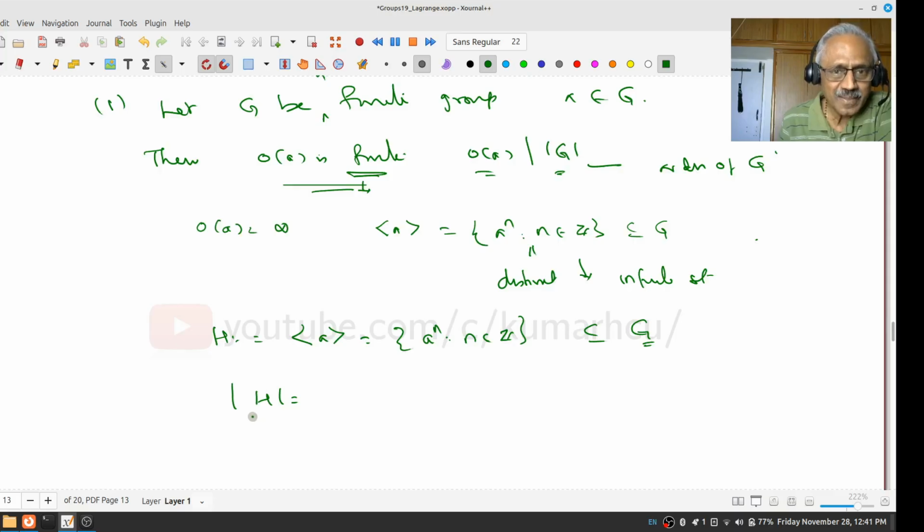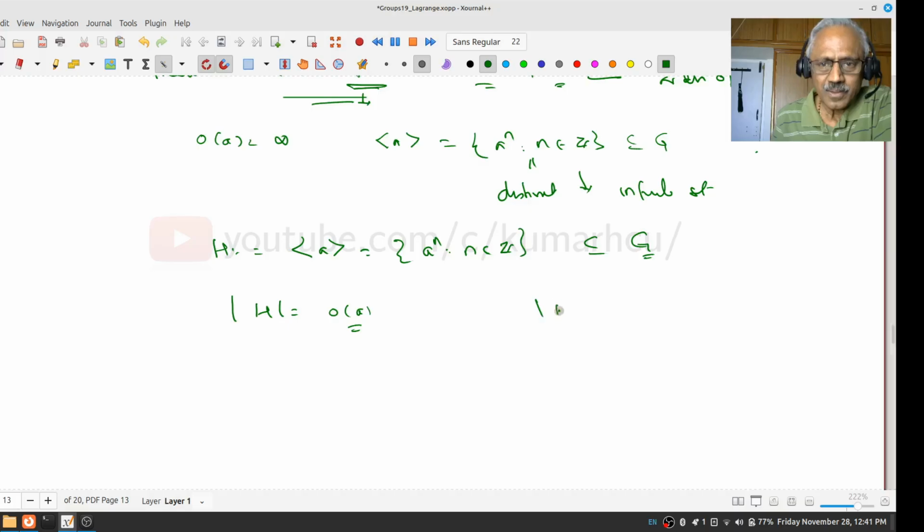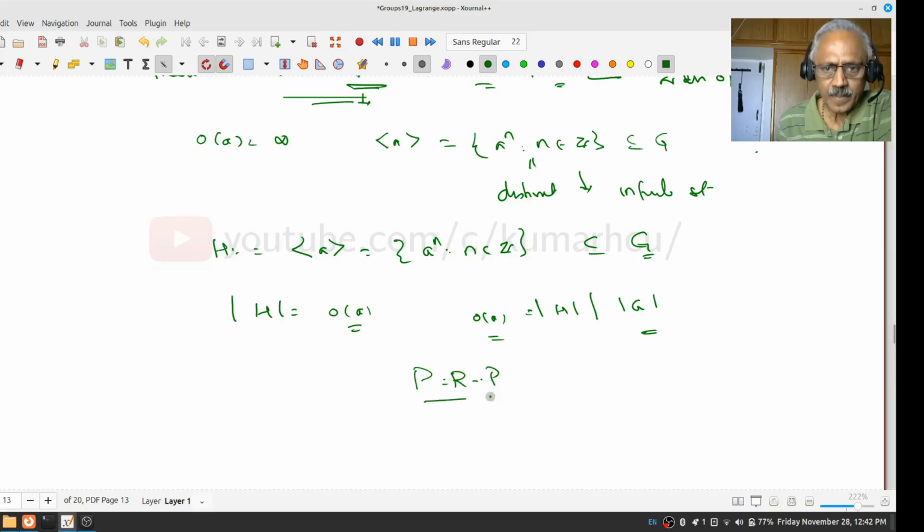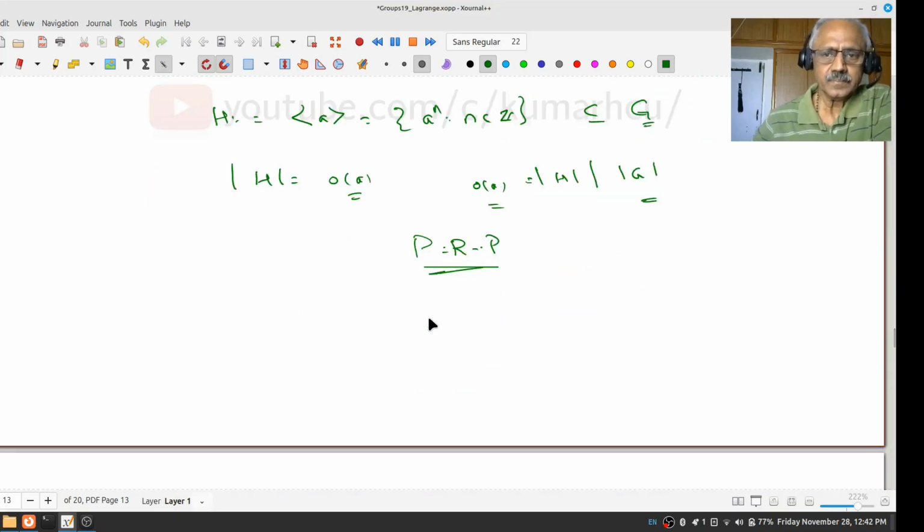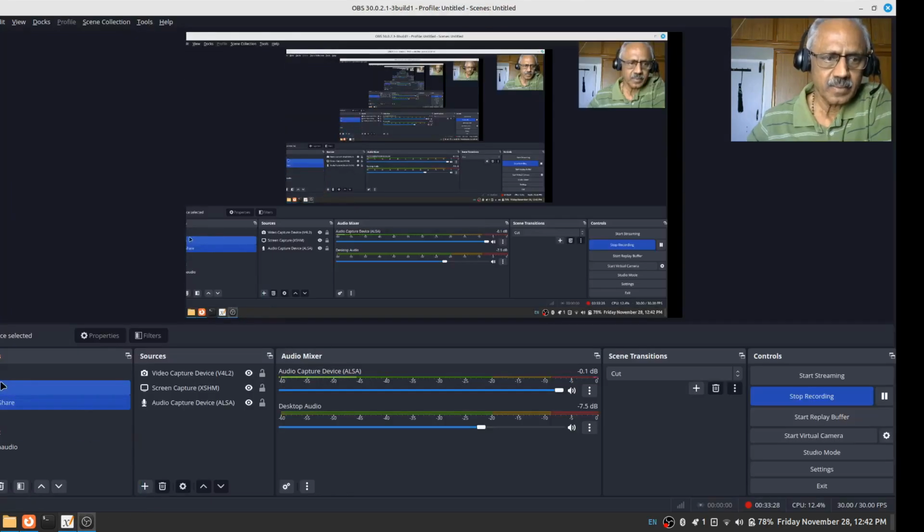That we have seen: when you define the order of an element, we said the number of elements in the cyclic group generated by A equals the order of A. Therefore, the order of H divides the order of G by Lagrange, but this is the same as the order of A. Therefore, the order of A divides the order of G. This is a very powerful result, right?